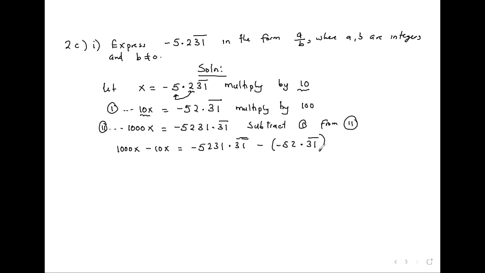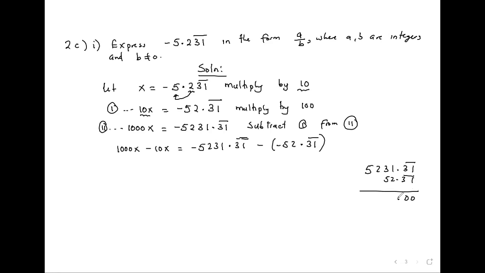If you have challenges with minus, then do a normal subtraction. 5231.31 minus 52.31 bar. The bars will give us 0, 0, so that's the bar.